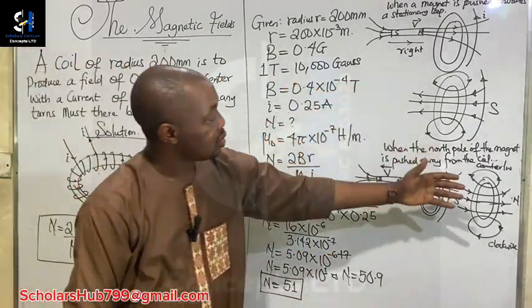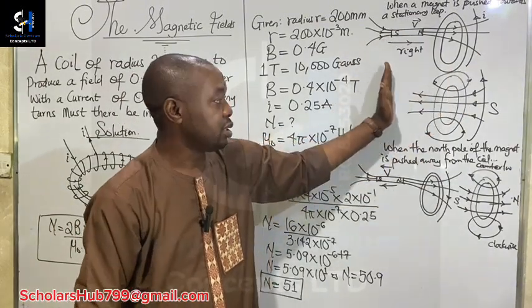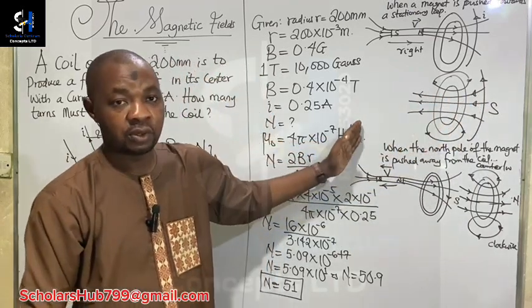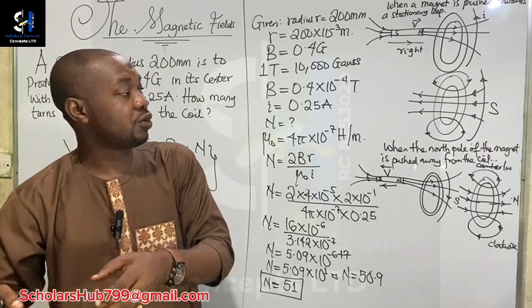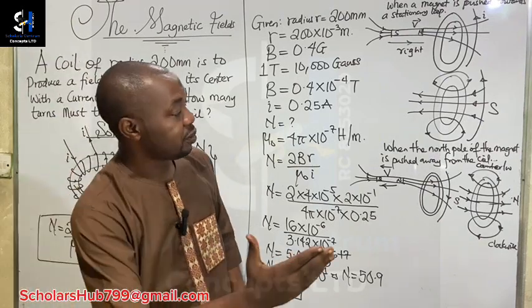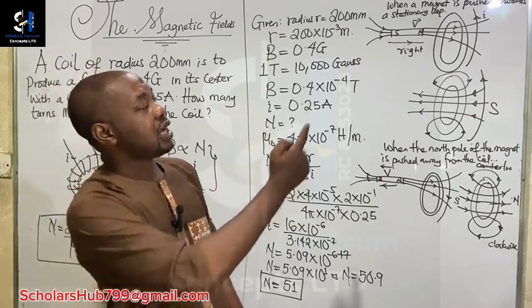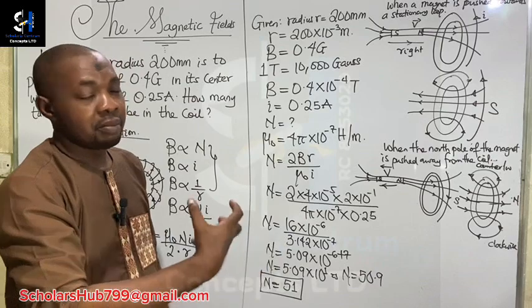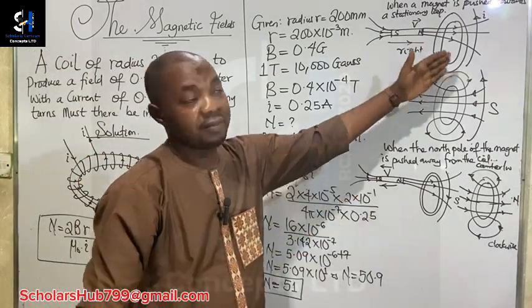In this case, when the bar magnet is pushed to the right, the lines of induction of the magnetic field will come from the left, in order to counteract the increasing magnetic flux to the left.